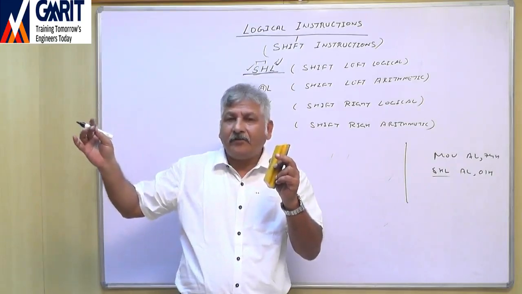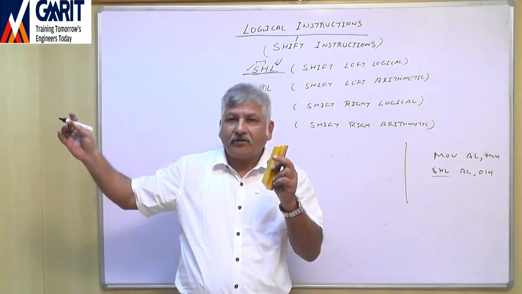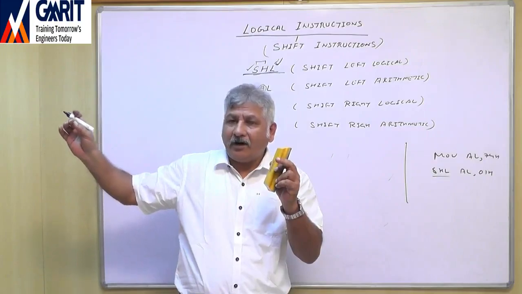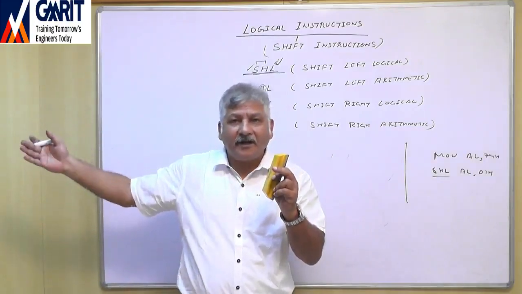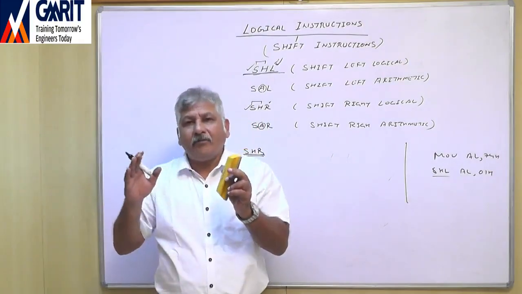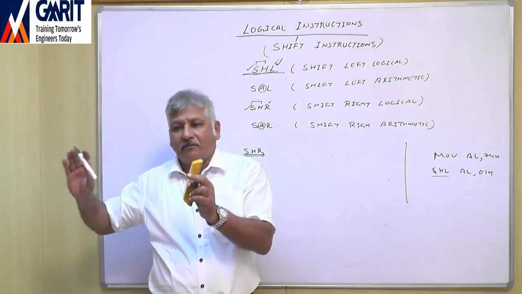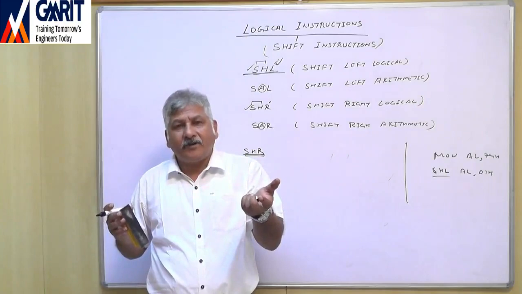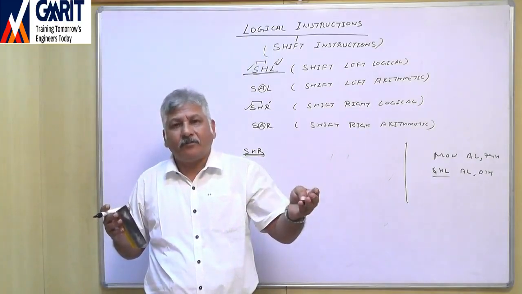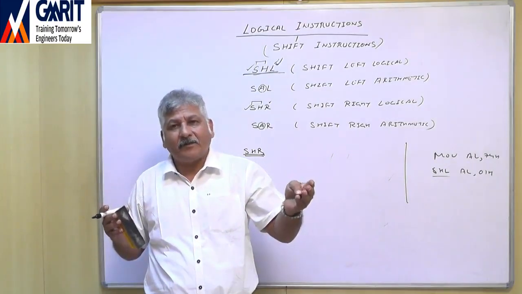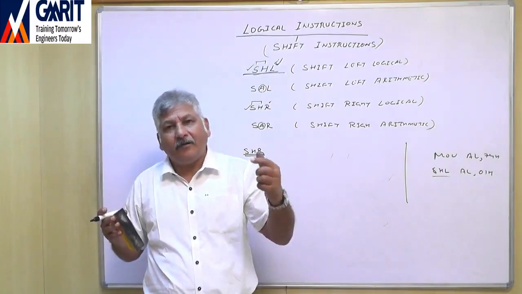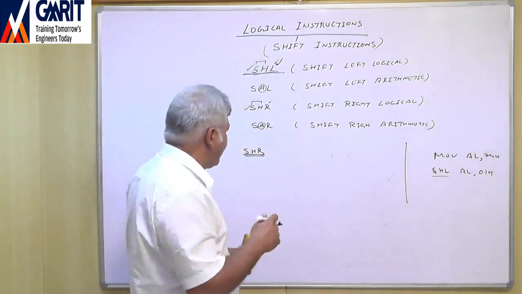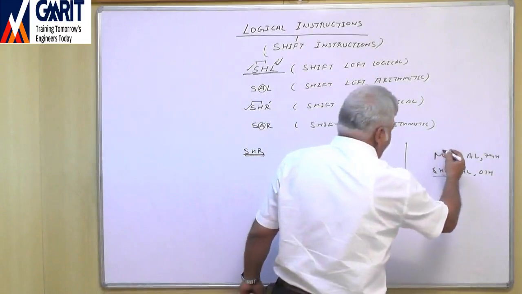Means the LSB bit will go out and it will be stored in the carry flag. And all the bits will be shifted 1 bit right side. So there will be a vacant bit position at the leftmost bit position, that is at the MSB, and that will be filled by 0. So we will take one example. The same example we can take.